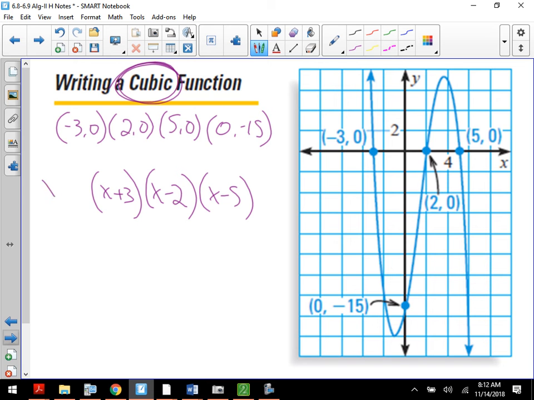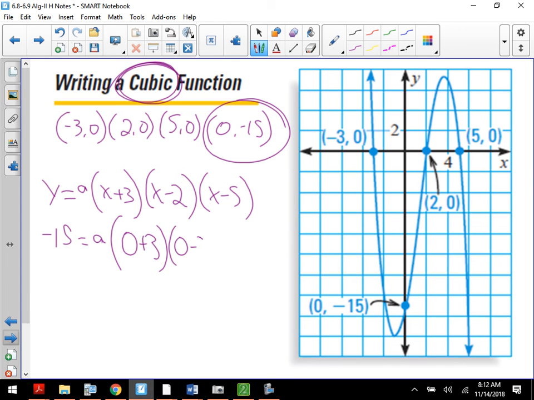We know that y has to equal some scalar in front of all of that. Do I have an ordered pair to substitute in? 0 and -15. So I know that -15 is going to equal a times (0 plus 3)(0 minus 2)(0 minus 5).